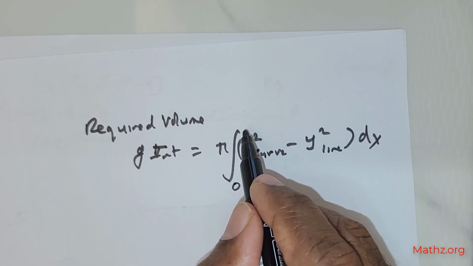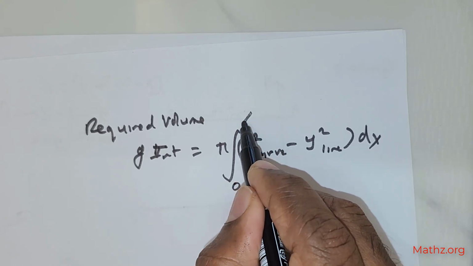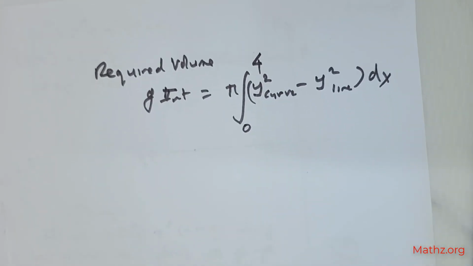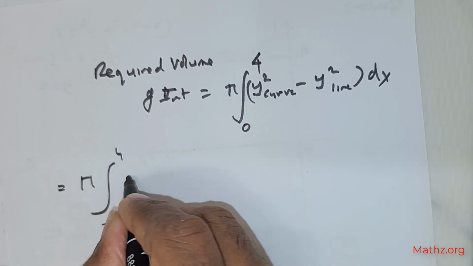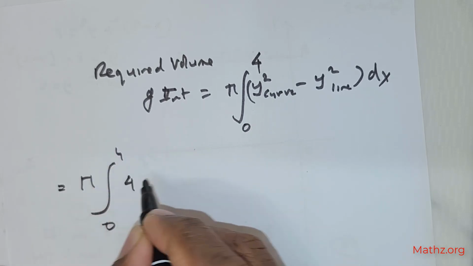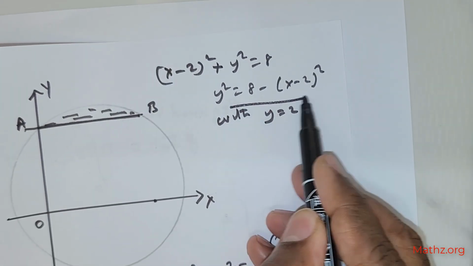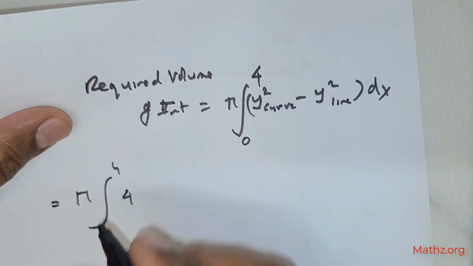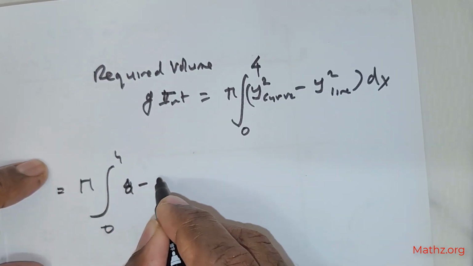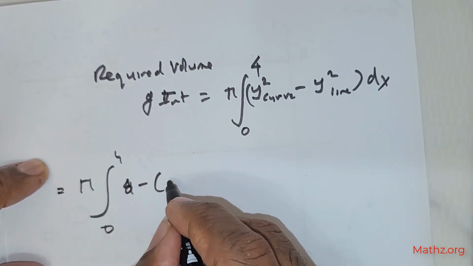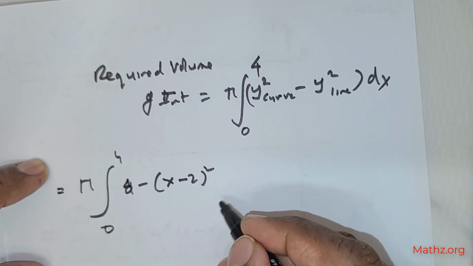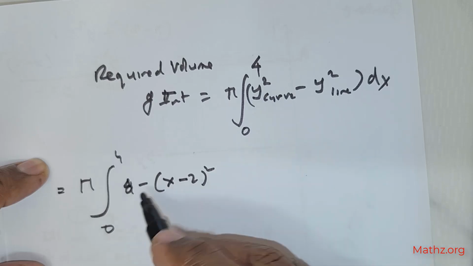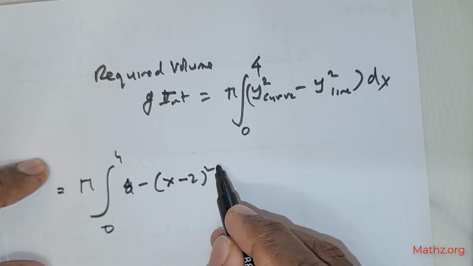So above the x-axis it is going to be 0 to 4. So that would be the required region. So this can be rewritten as integral 0 to 4. As I mentioned to you, we have already got the curve, 8 - (x - 2) whole squared, right?